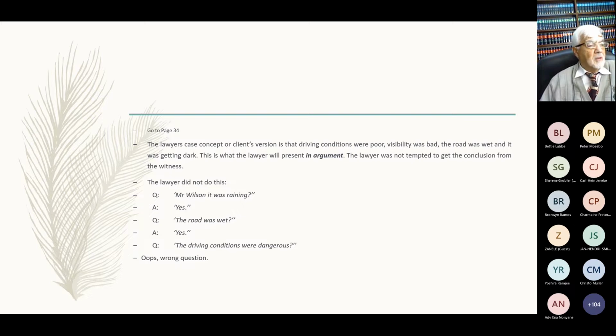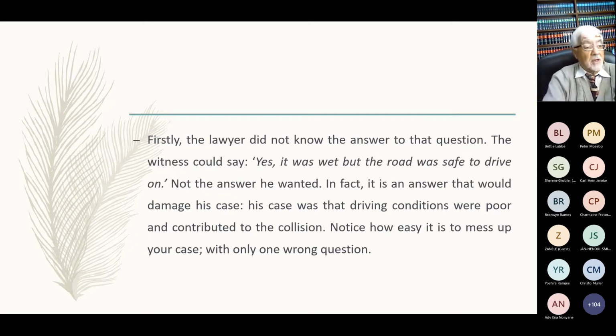You can't assume that because it was raining and it was wet, the witness will assume that the conditions were dangerous. Wrong question. You know what could happen? You'll say the driving conditions were dangerous. The witness will say, well, no, it was raining, but you could drive safely. You just undid your cross-examination, okay?